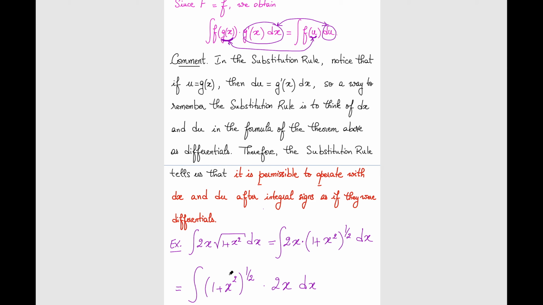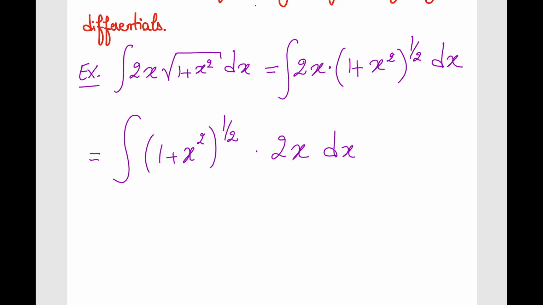Okay? All right, so let's do the following substitution. Let u be 1 plus x squared, and as such, du, the differential of u, becomes the derivative of u, which is 2x dx. Correct?